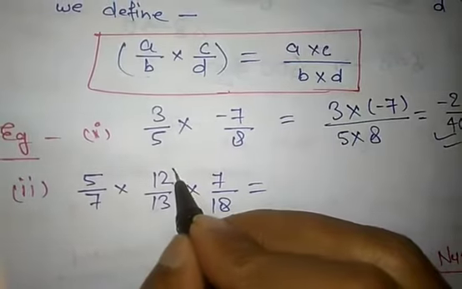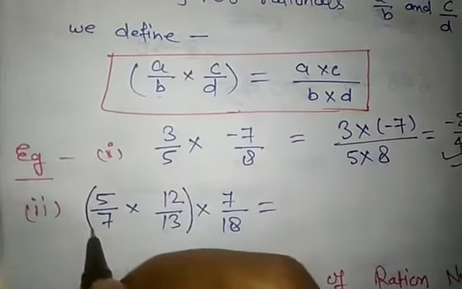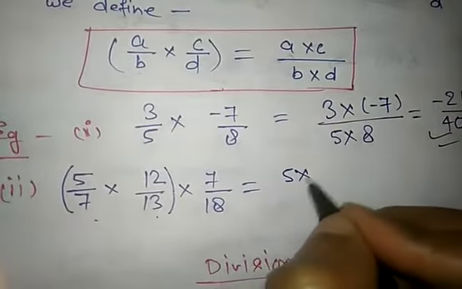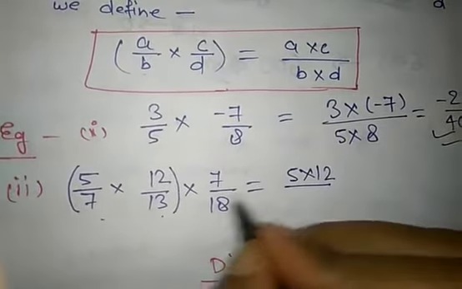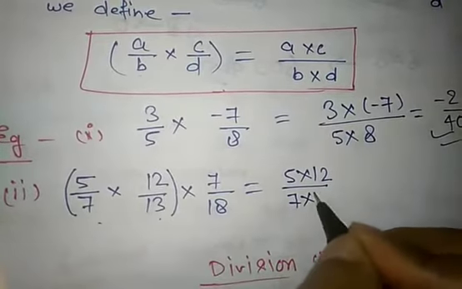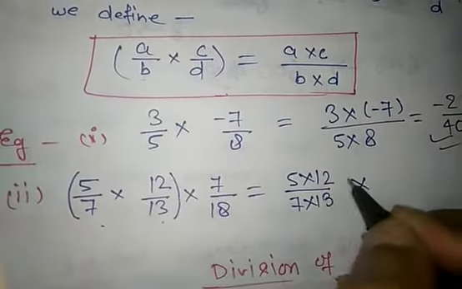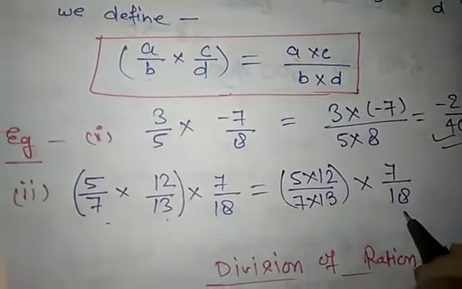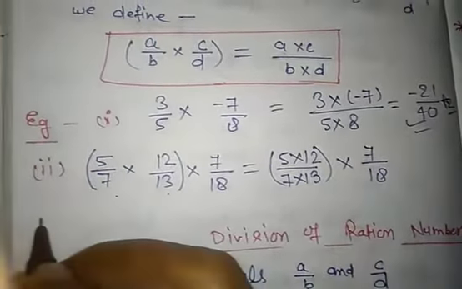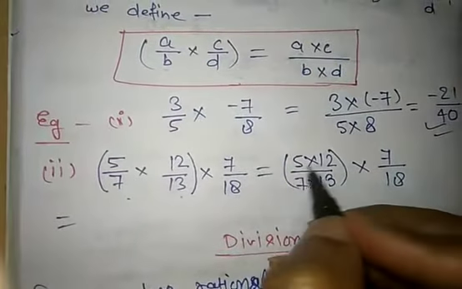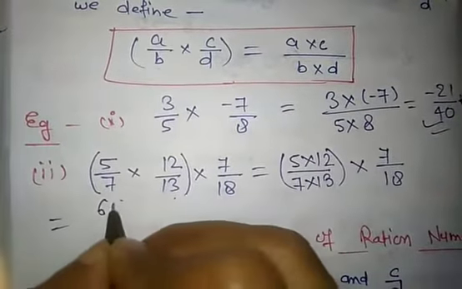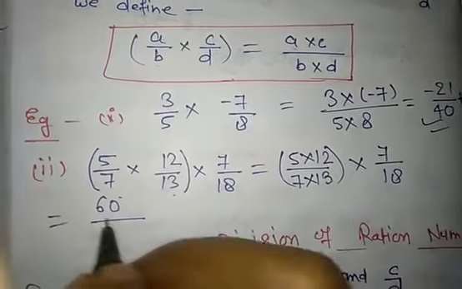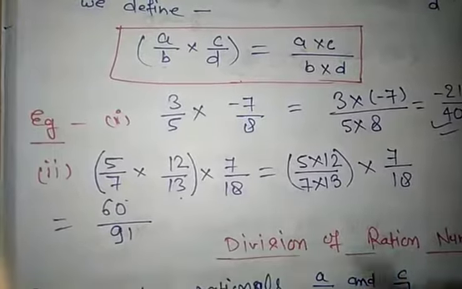First we solve the first two. So 5 multiplied by 12 and 7 multiplied by 13 into 7 by 18. We get 12 multiplied by 5, we get 60, and 13 multiplied by 7, we get 91.